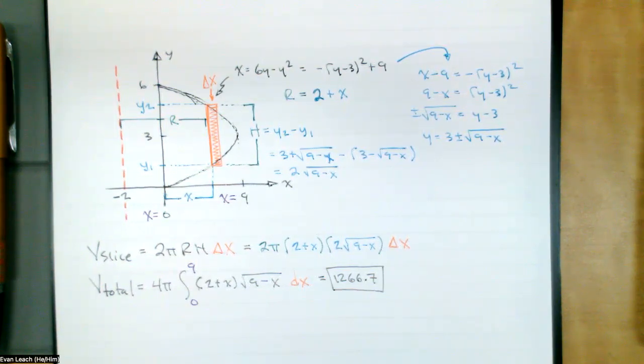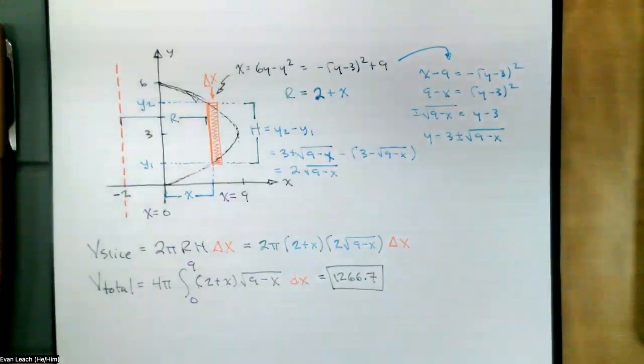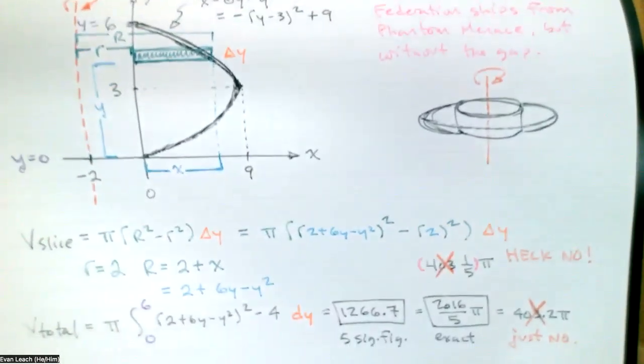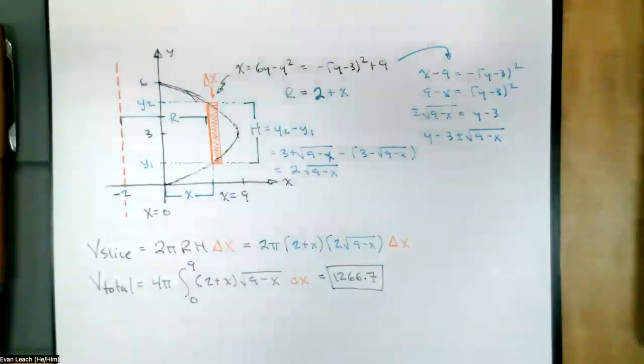In the washers, we had to deal with the two different radii. So we had to deal with that hole in the solid. But dealing with that has been baked in to the fact that we like to use pi times r squared minus r squared times the delta variable.